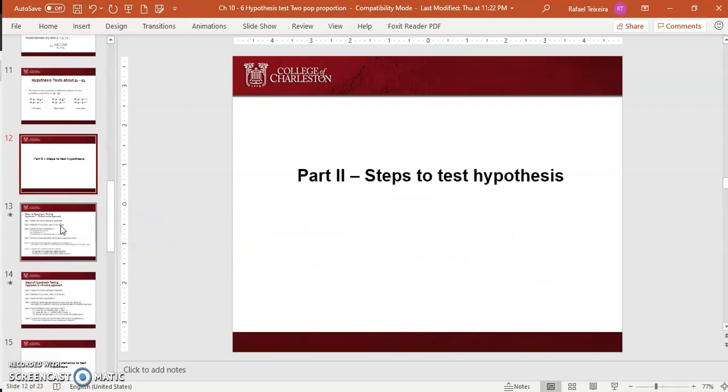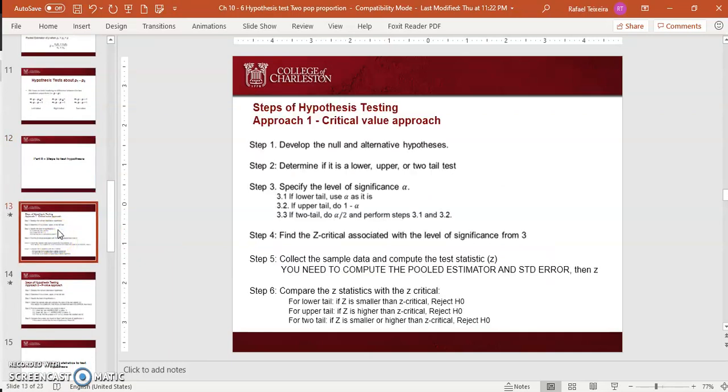So let's take a look at the steps I propose for you to solve the problems. These steps are very similar to the other steps I proposed. So the first approach is the critical value approach. Again, you have to first develop the null and alternative hypothesis and then determine if it's a lower, upper, or two-tail case, specify the level of significance. If it is a lower tail, you use the level of significance as it is. If it is upper tail, you do 1 minus the level of significance, and if it is two tail, you do both. And then you find the z critical associated with this level of significance.